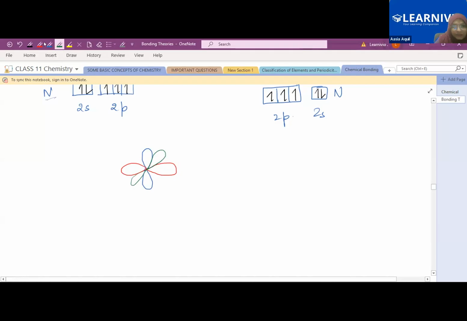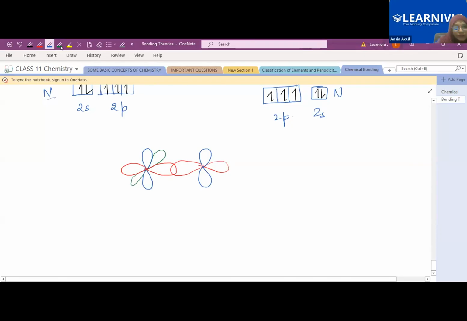Right. Similarly, दूसरे का भी आप draw करो. For the second nitrogen, you will show the overlapping here. One p orbital, then another p orbital. Suppose this is your px. जो x axis पे alignment है, this is your px. This blue one is your py, and this green one is your pz axis.